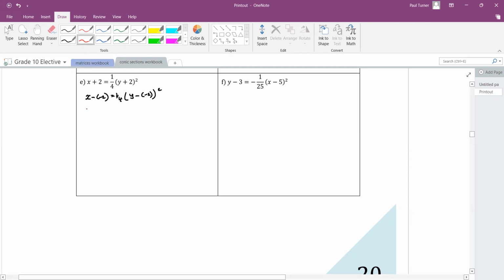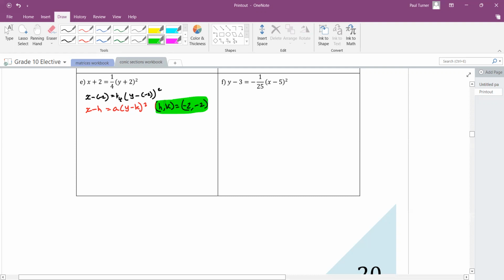And our general form was x minus h equals a(y minus k) all squared. So we can see now that h, k, our vertex, is going to be equal to -2, -2. So that would be our vertex.